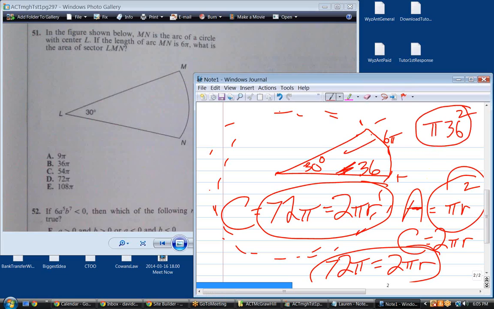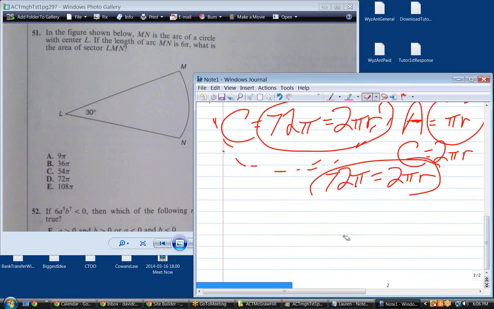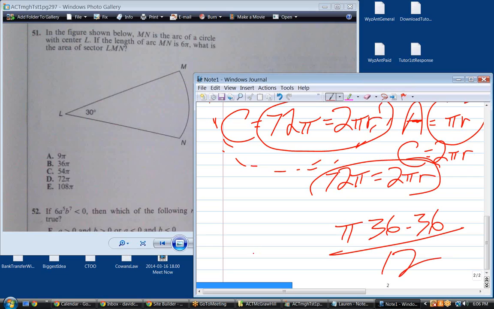How much of the circle do we have with our 30-degree slice? I got a huge number. Well, hold on. Let's not convert it to a number yet. We have pi times 36 times 36. That's the whole circle. We don't have a whole circle. How much of a circle do we have? 1/12. That's our area.